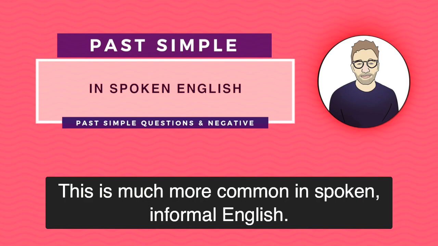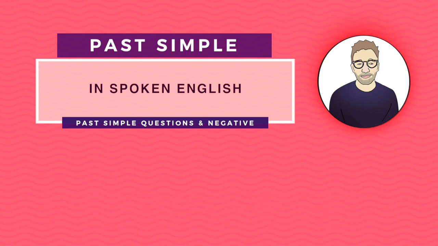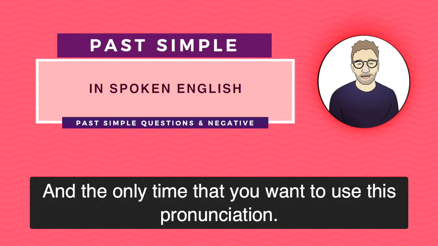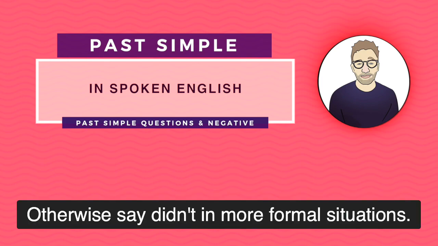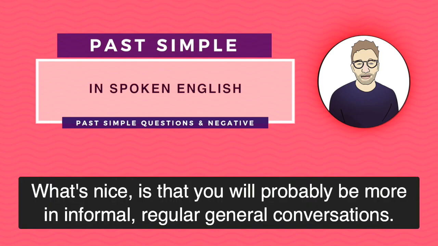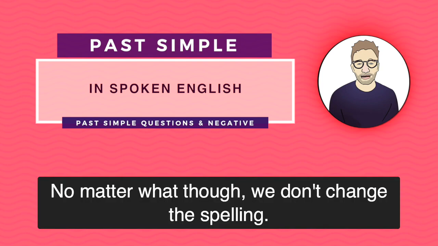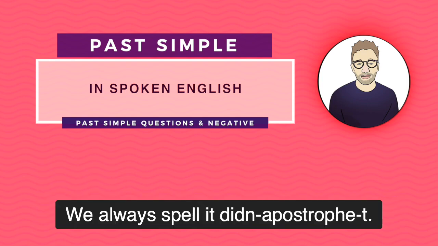This is much more common in spoken informal English. Otherwise, say didn't in more formal situations. What's nice is that you will probably be more in informal, regular, general conversation. So just say didn't. No matter what though, we don't change the spelling. We always spell it D-I-D-N apostrophe T.